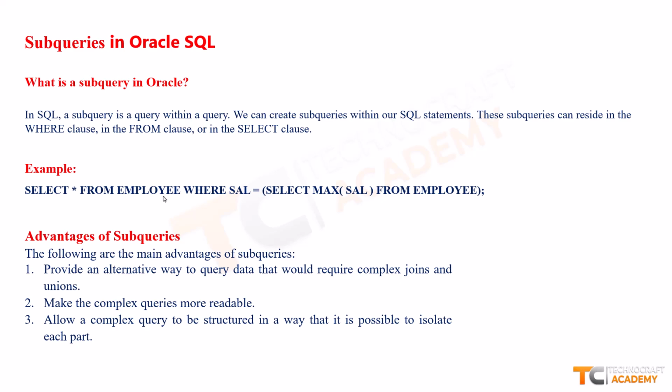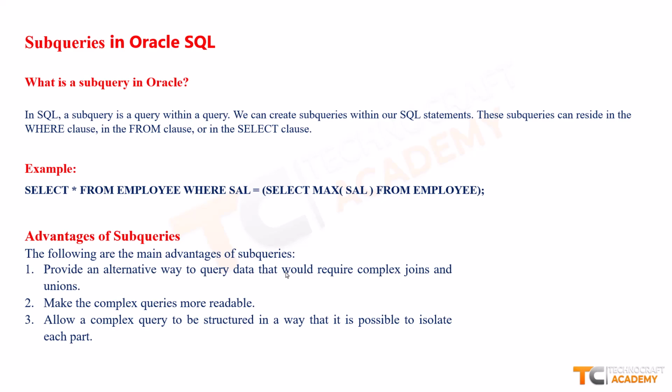So what are the advantages of using subqueries? They provide an alternative way to query the data that would require complex joins and unions. In order to avoid these complex joins or union statements, we use subqueries.